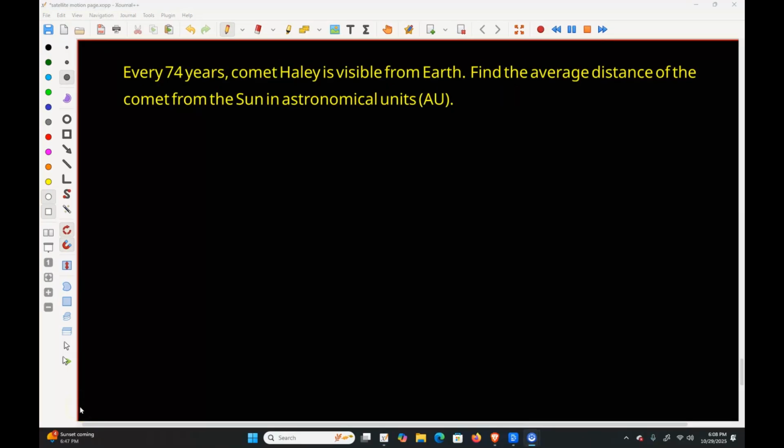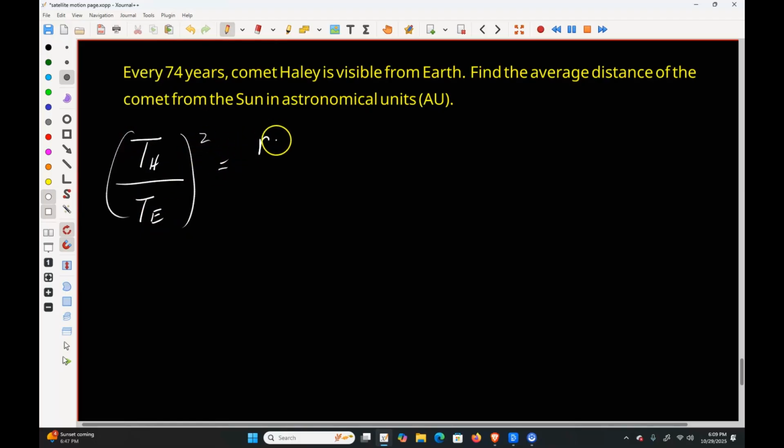Every 74 years, Comet Halley is visible from Earth. Find the average distance of the comet from the Sun in AUs, or astronomical units. Have two things going around one thing. So the period of Halley over the period of Earth squared is equal to the radius of Halley over the radius of the Earth, cubed.